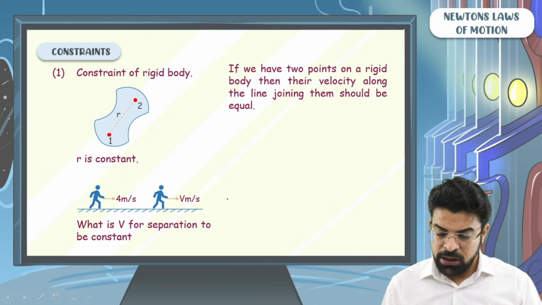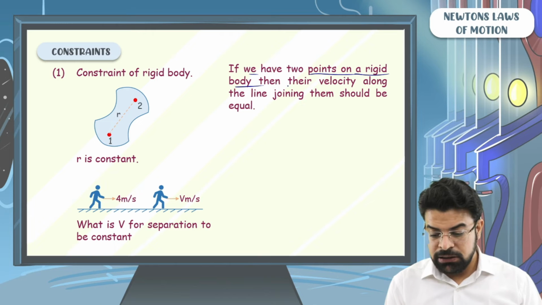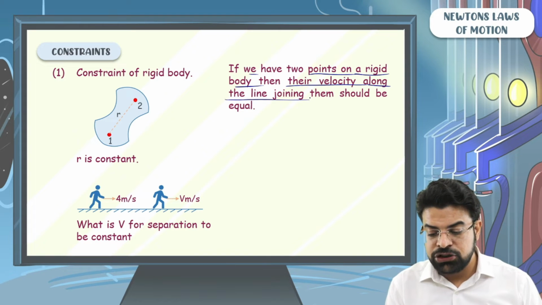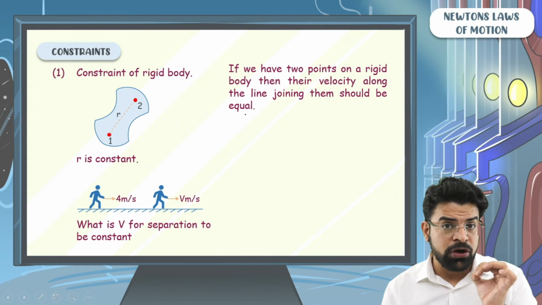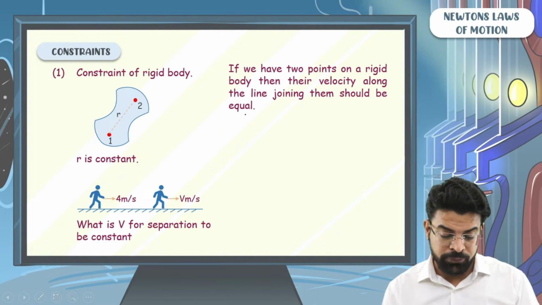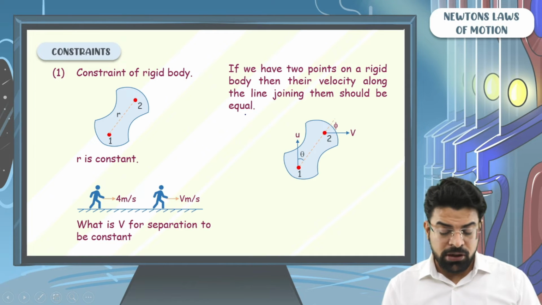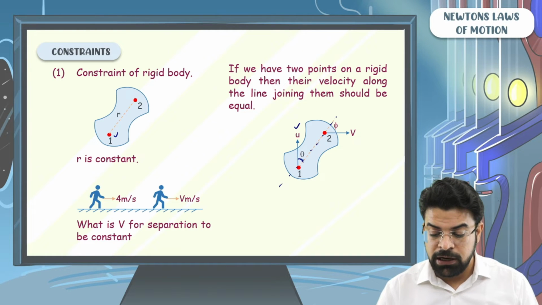So let's see. If we have 2 points on a rigid body, then their velocities along the line joining them should be equal. Let's visualize this case where point 1 has a velocity u at an angle theta with the line joining point 1 and point 2.